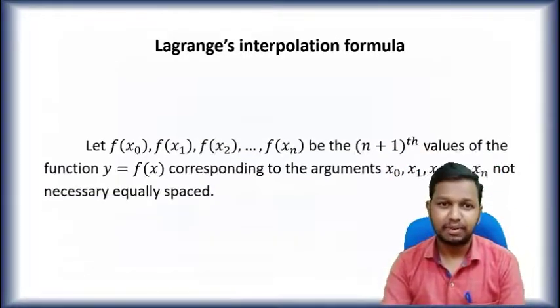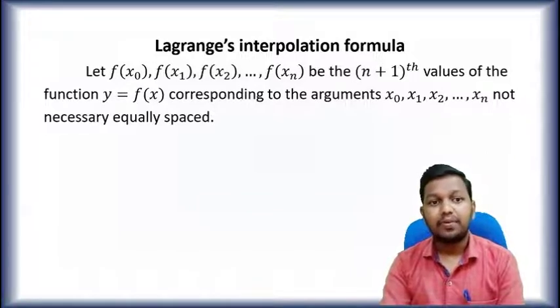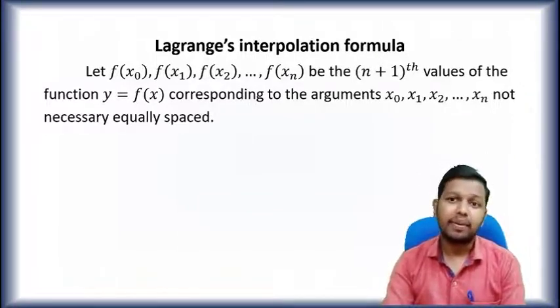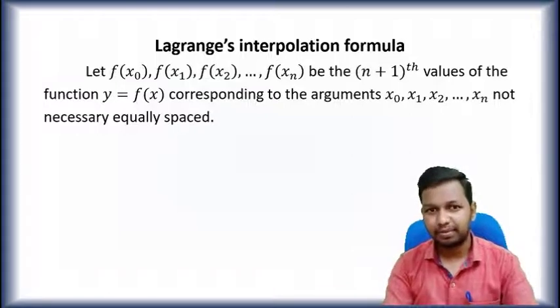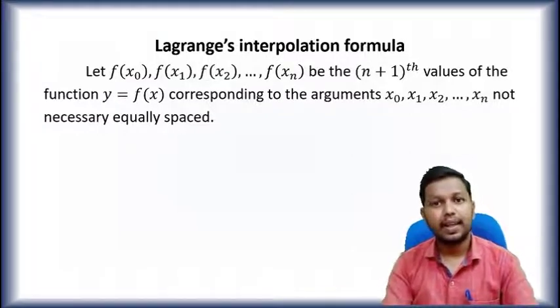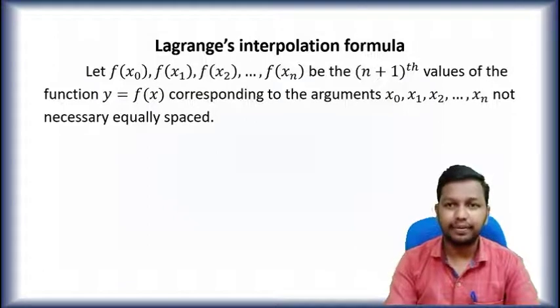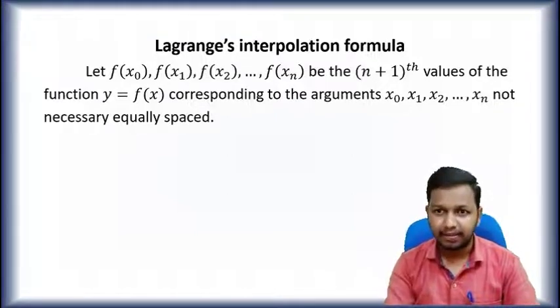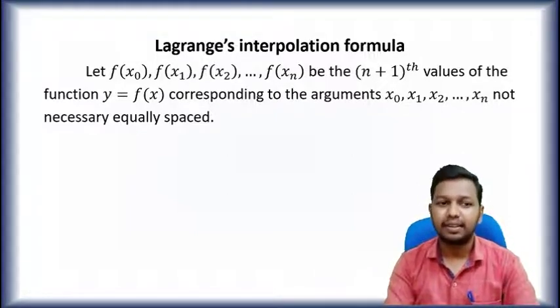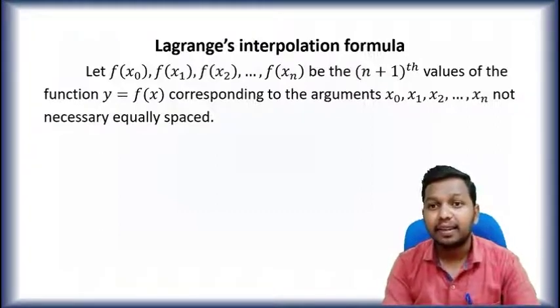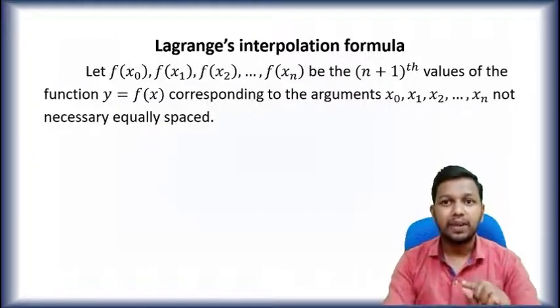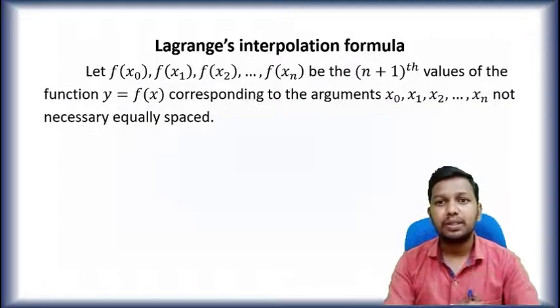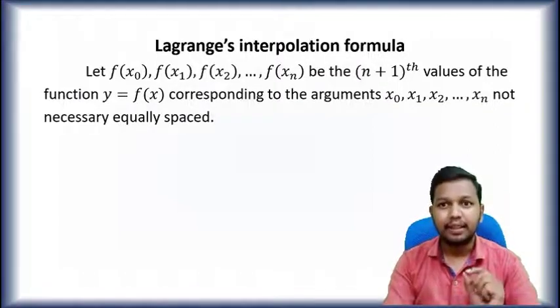Lagrange's interpolation formula. Let f of x0, f of x1, f of x2, up to f of xn be the n plus 1 values of the function y is equal to f of x corresponding to the arguments x0, x1, x2 and so on xn, not necessarily equally spaced, because when we apply a Newton interpolation formula, the arguments should be equally spaced.